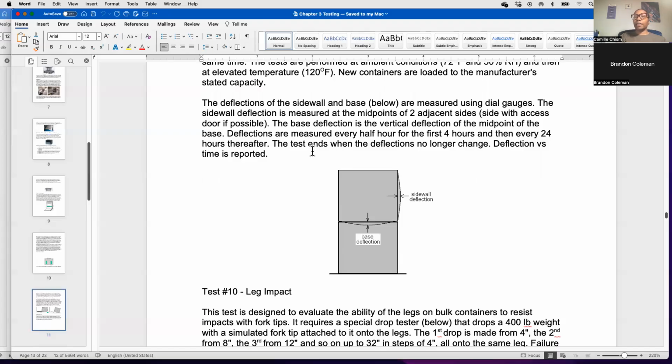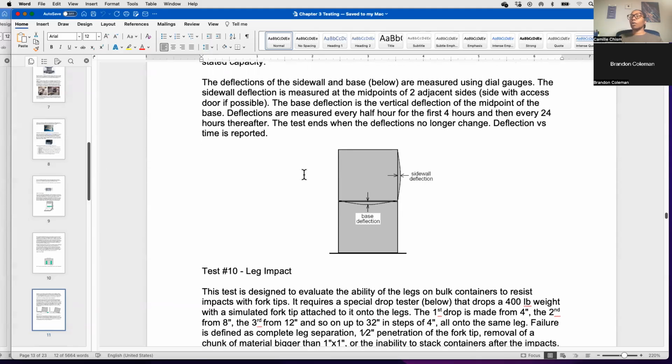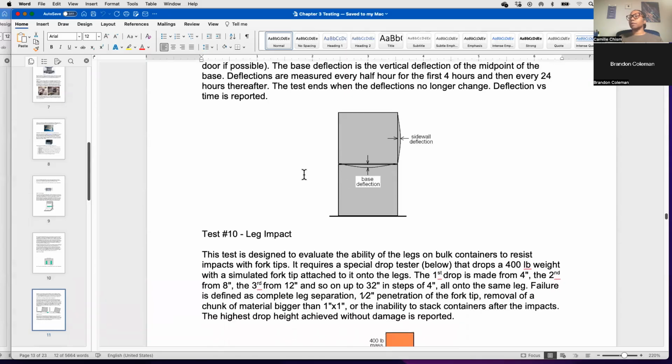And then after that, the changes creep, and you probably can't detect a change except maybe every 24 hours, depending on the box or the pack. But if you're going to see deflection, you can usually see and detect it every hour early on. That's what that tells me.